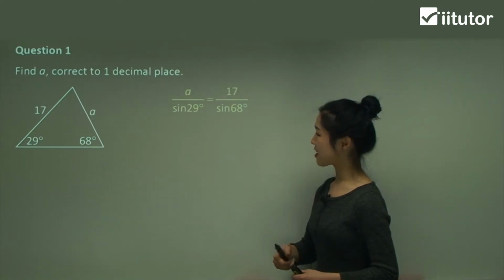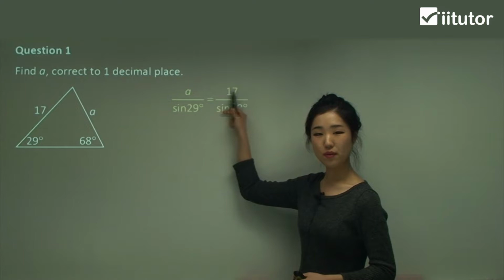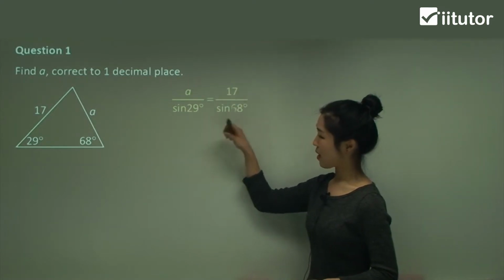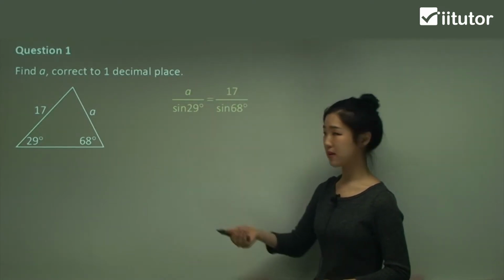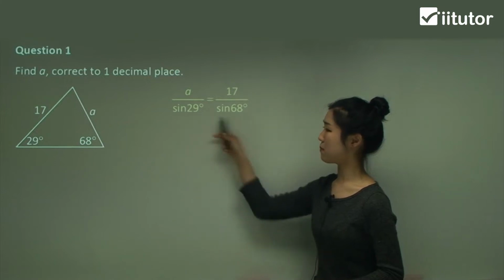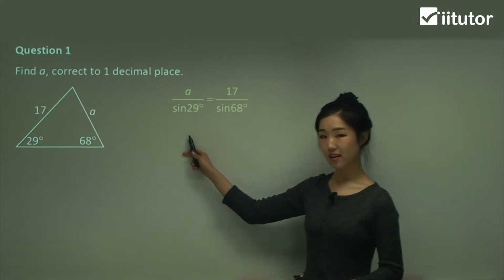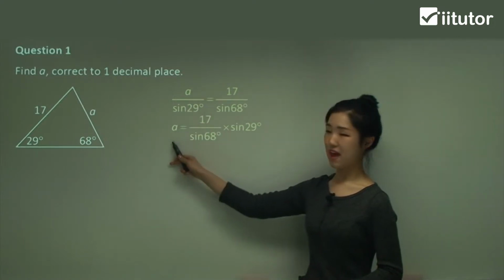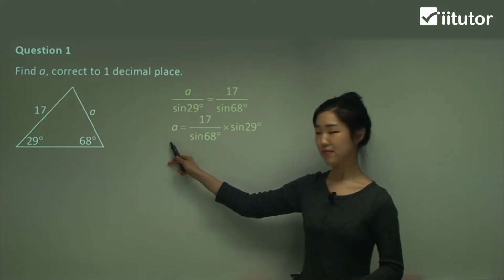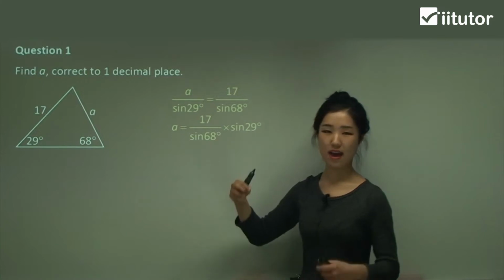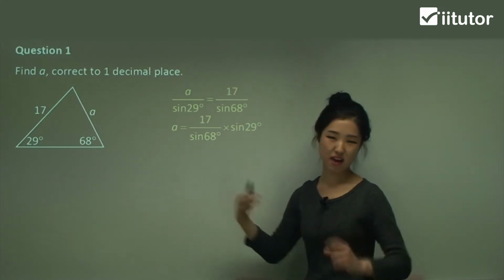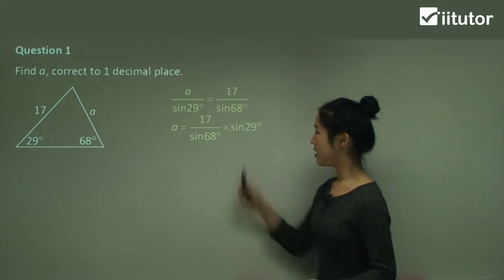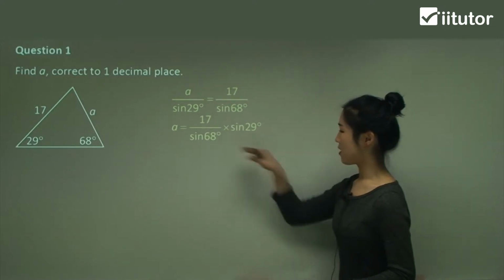As you can see, guys, I use the side on top and the angles on bottom. That's because all I need to do is simply multiply both sides by sine 29 degrees, and then I have just a left on the left hand side. That's why I'm having my a on top. If I have it on bottom, I have to add extra steps, so that's a bit annoying, isn't it? So always start with the right one.